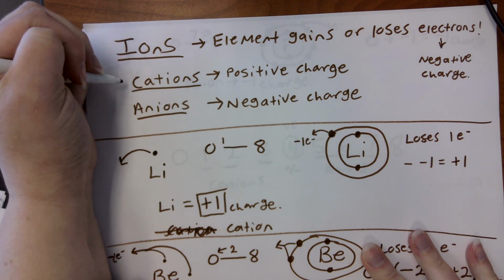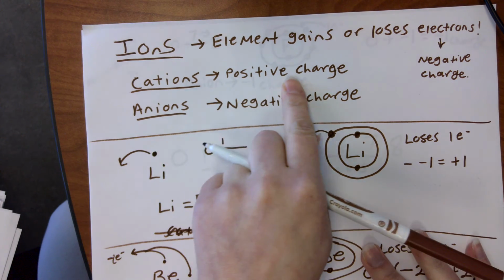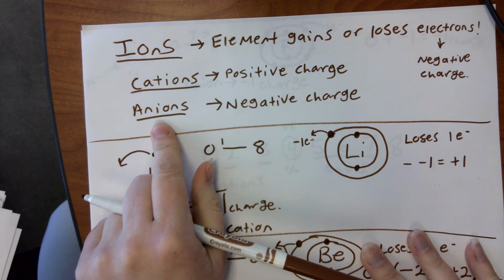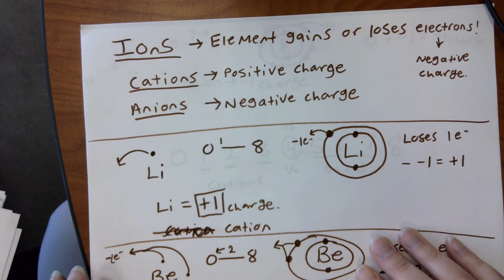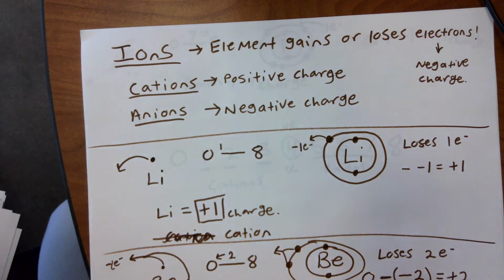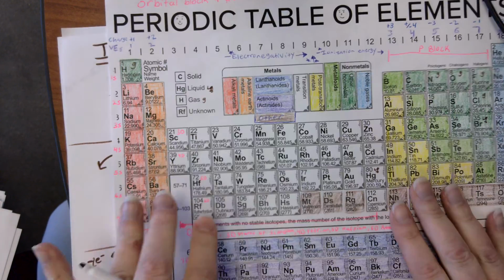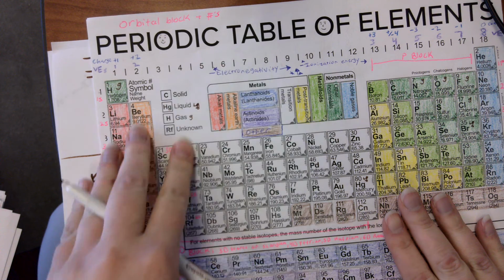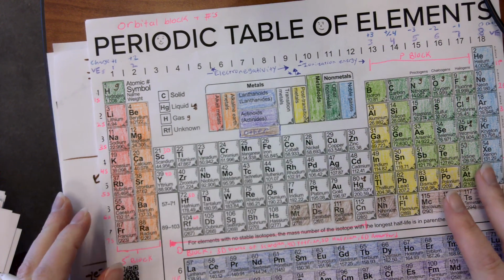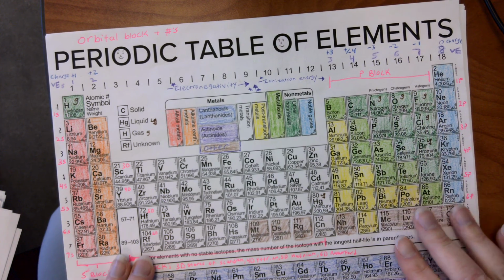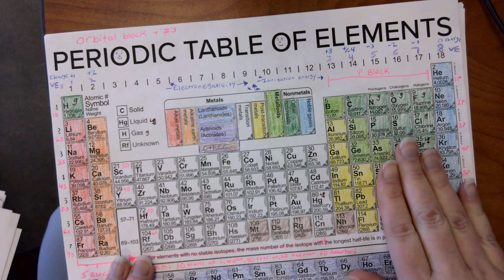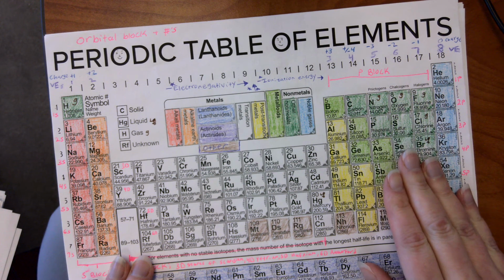Cations want to lose electrons and become positive. Anions want to gain electrons to become negative. Elements on the left side of the table want to become cations. Those that are on the right small section of the table want to become anions.